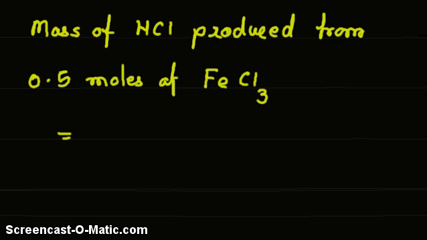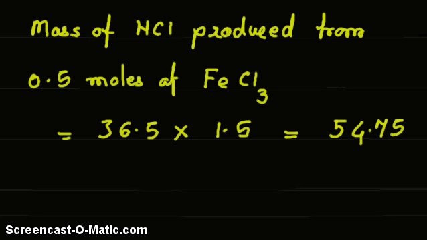Mass of HCl produced from 0.5 moles of FeCl3 is equal to the molar mass of HCl, which is 36.5, multiplied by moles of HCl, which is 1.5, and so we get 54.75 grams. That is the mass produced. That is the final answer.